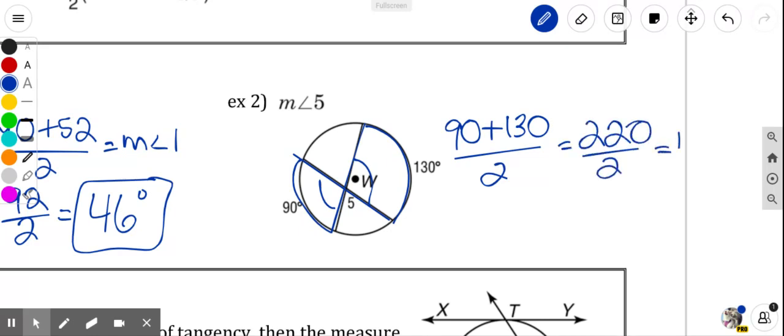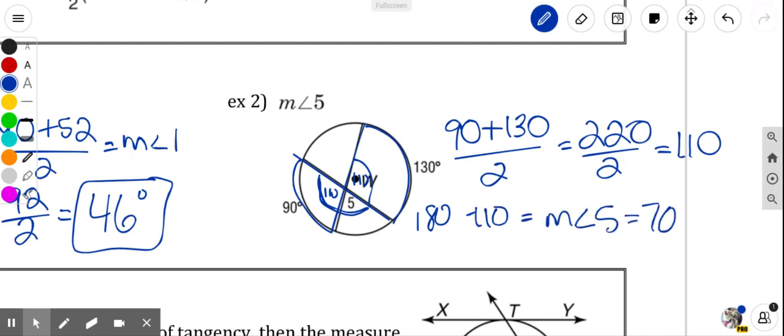Divided by 2 would be 110. And so this one's 110 and this one's 110. We're being asked to find angle 5. So notice these 2 are a linear pair. So you're just going to do 180 minus 110 to get that the measure of angle 5 is 70 degrees. So sometimes you might have to take it one step further.